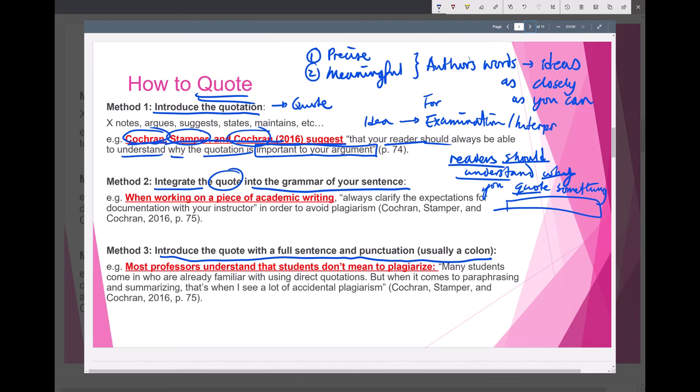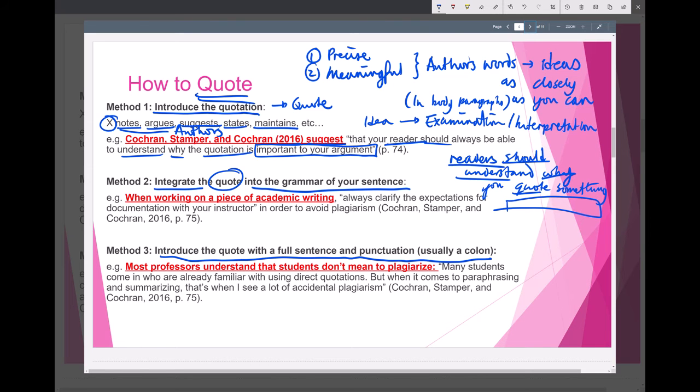Something that you would examine and interpret in your paragraph. And you introduce that by saying the authors. I'll clean this up a little bit. So these are the authors. So here's your X. And these are some words you could use: notes, argue, suggest, states, maintains.